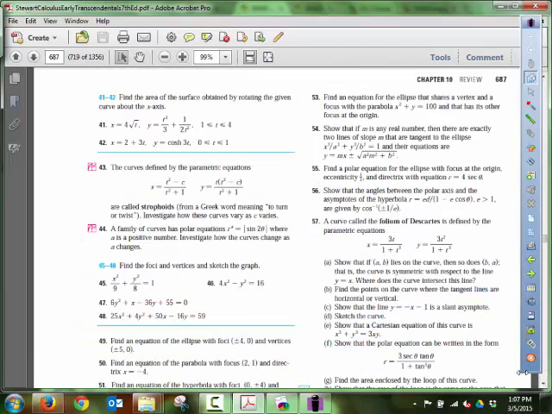What are we looking for? Conic sections.